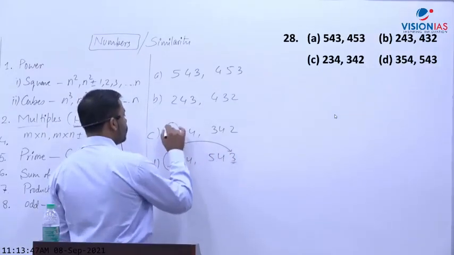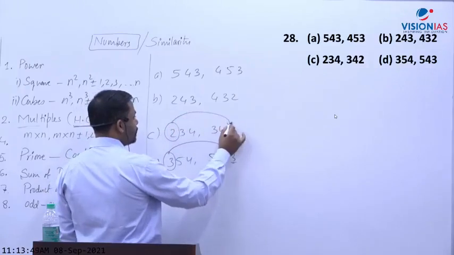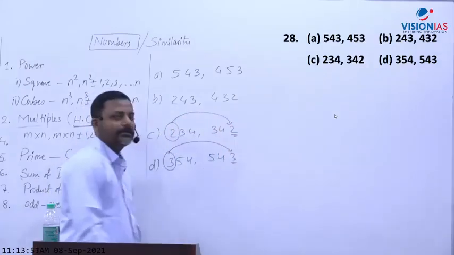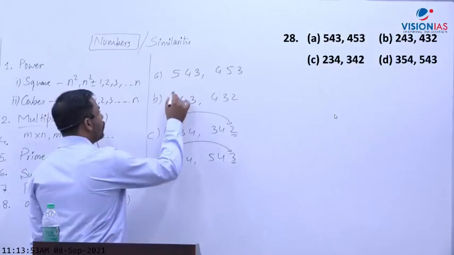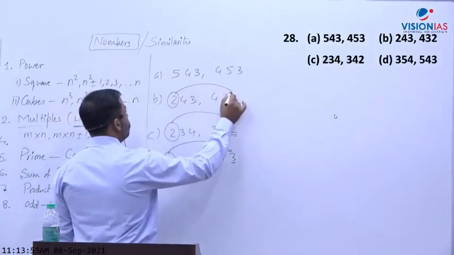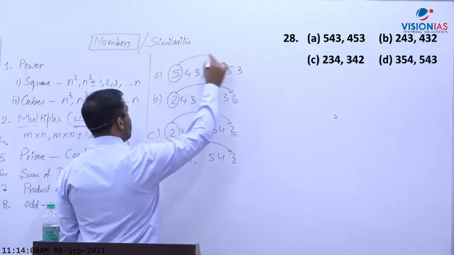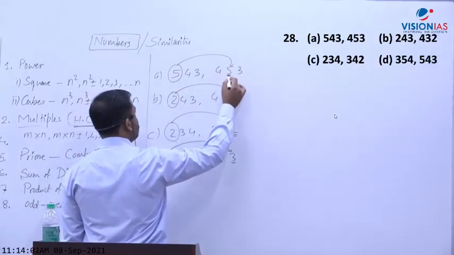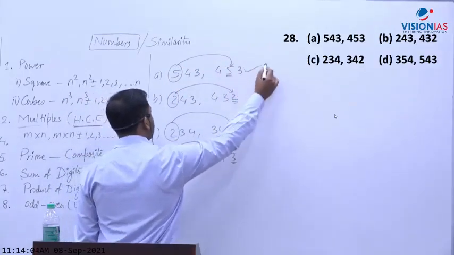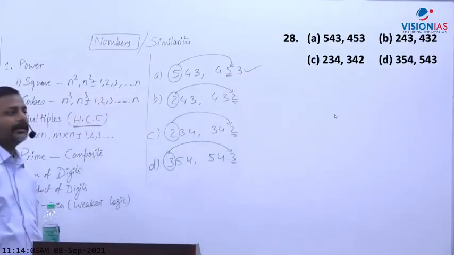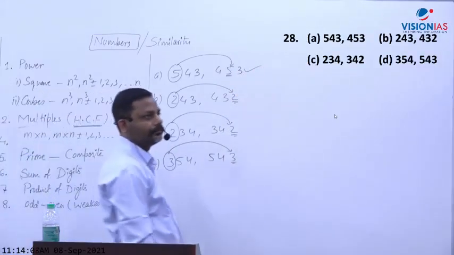So the first digit of the first number is at the last place of the second number. Here also we are getting the same thing, but as per this rule, the last digit should be 5, but 5 is not at the last place, it is in the middle. So that's why this one is odd.